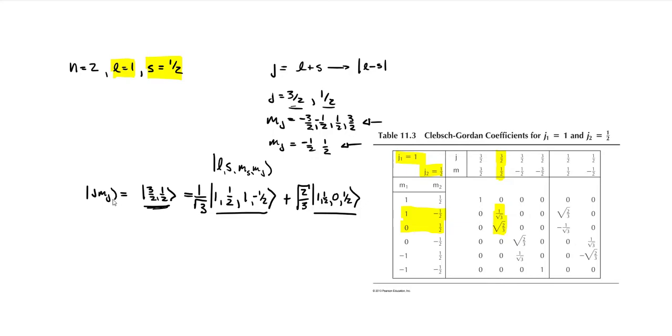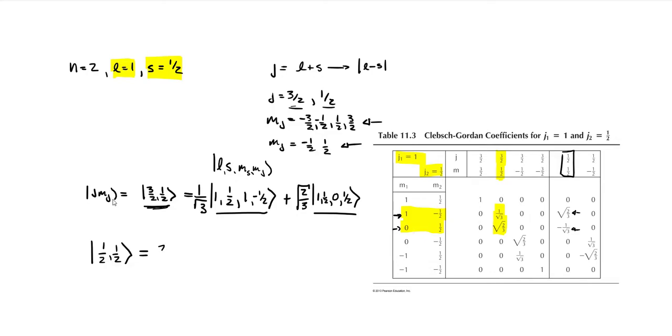Similarly, if I wanted to look at, say, the 1/2, 1/2 coupled basis vector, if we look over here, we just take this 1/2, 1/2 column, and we get these two coefficients for these two basis vector states.